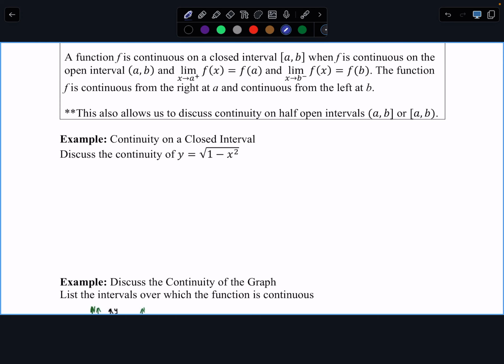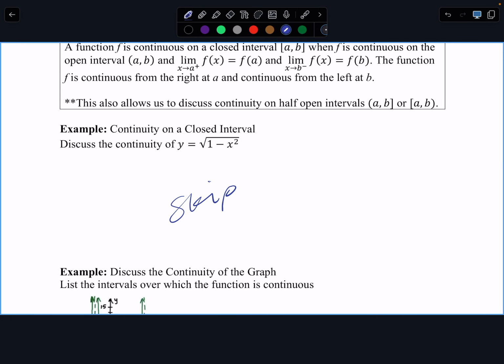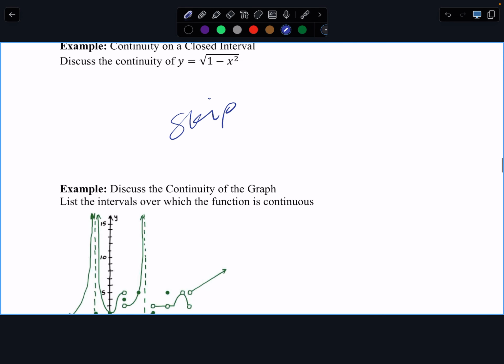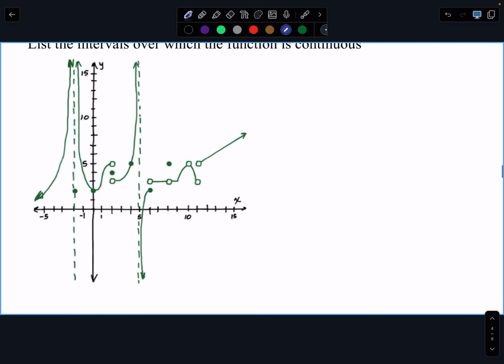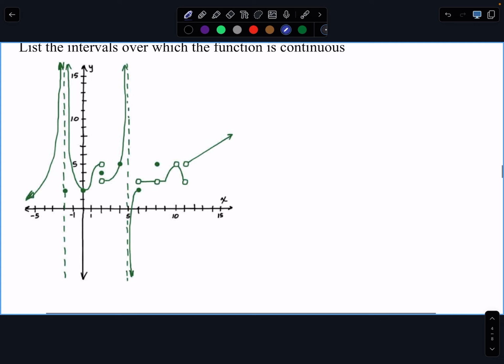We are going to skip this example for now. If you wanted to peek at it later, you could. But what we're going to do next, please don't do this yet because you don't have all the directions for it, is I am going to ask that you state the intervals where the function that's in the graph is continuous.